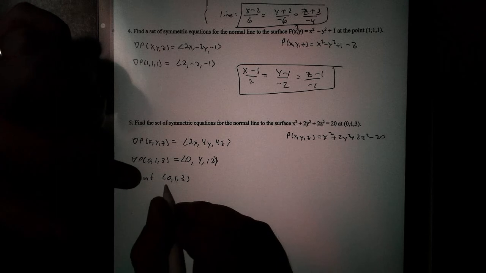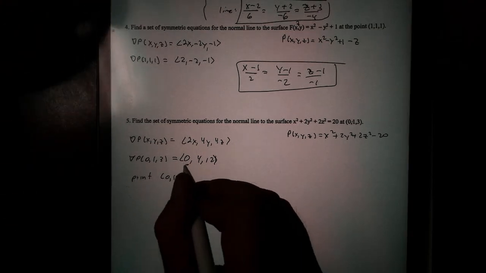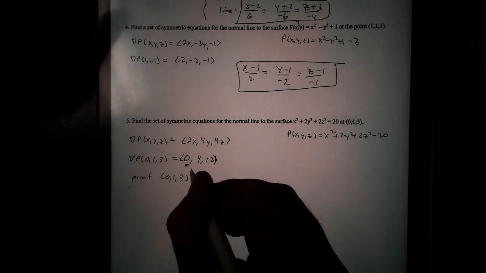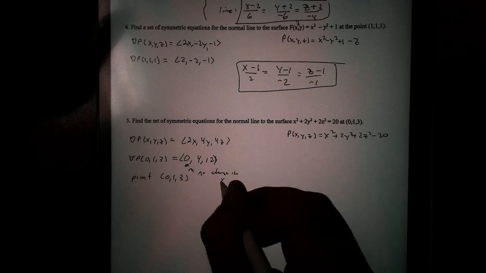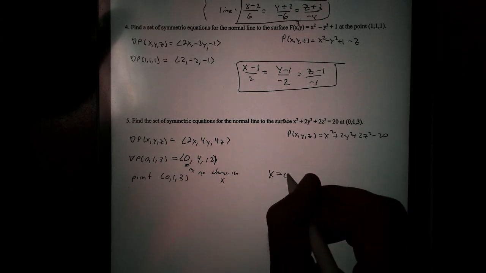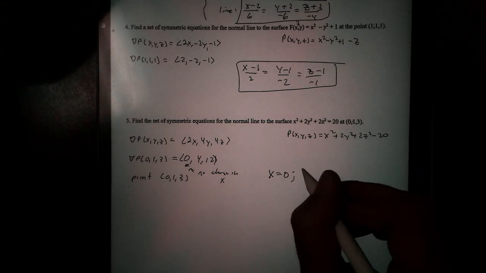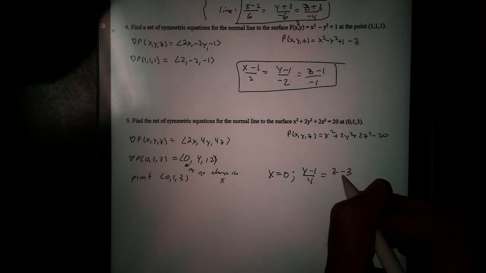When I write my line, be very careful. Notice my direction vector here has a 0. So what does that tell me? X is never changing. This says that there's no change in x. We've seen this before. So we just say x equals 0, and then I write the rest: y minus 1 over 4 equals z minus 3 over 12.